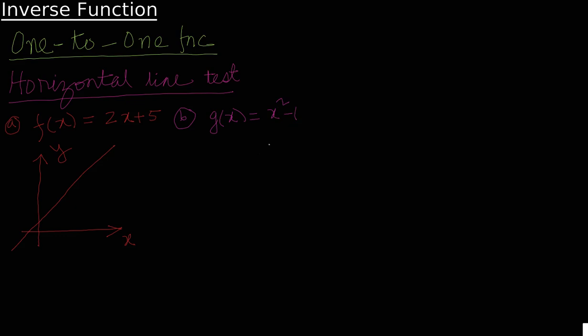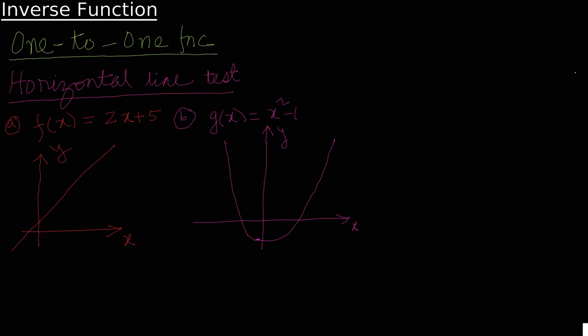If I try to plot this function, it is going to look something like that. This is my x-axis and this is my y-axis, and it is a parabola shifted downward by 1 unit.